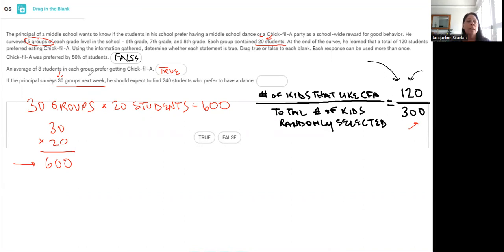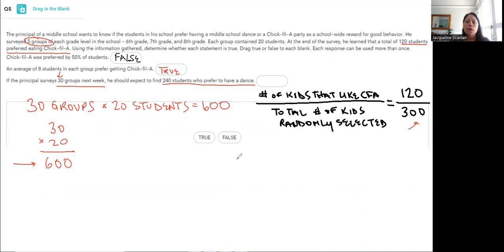Right, it then says, should he expect to find 240 students who prefer to have dance? All right, well, I don't have a number of kids that prefer to have dance, right? What I have in this problem was a number of students who prefer Chick-fil-A out of 300, right?